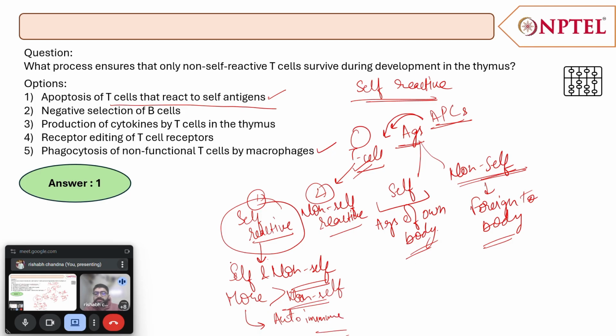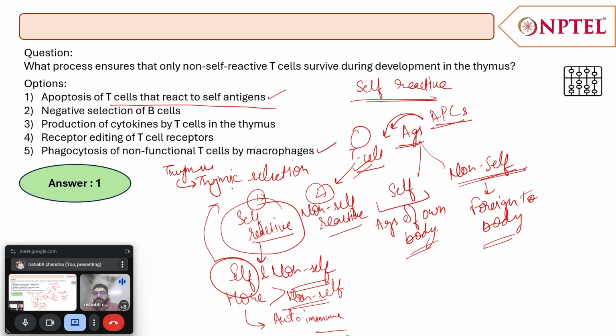Because then these self reactive T cells would directly act against our body to degrade that particular antigen. So to remove that chance, the thymus itself has a thymic selection.